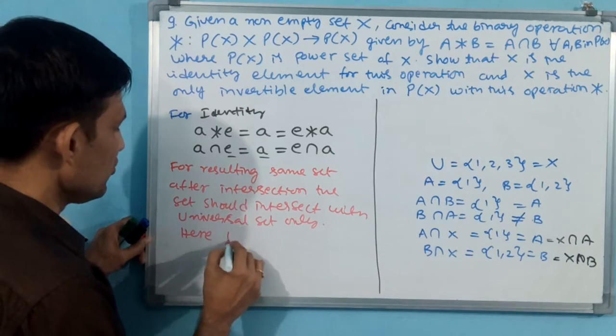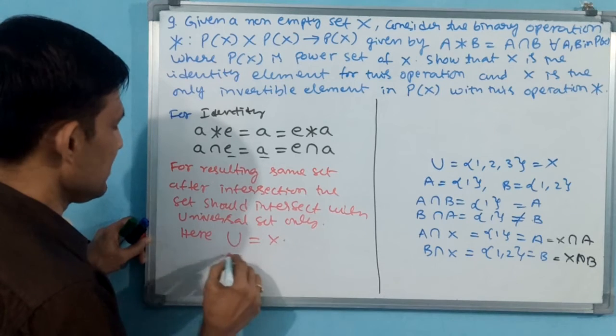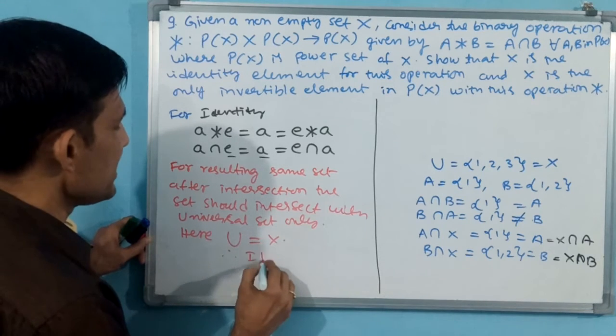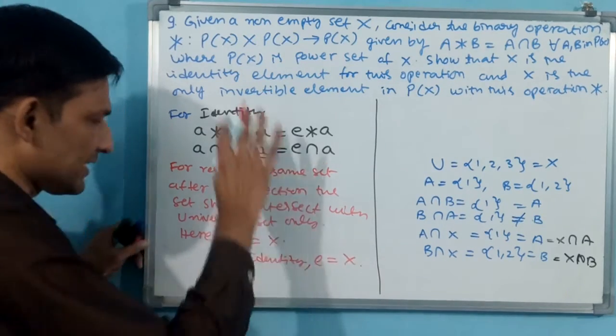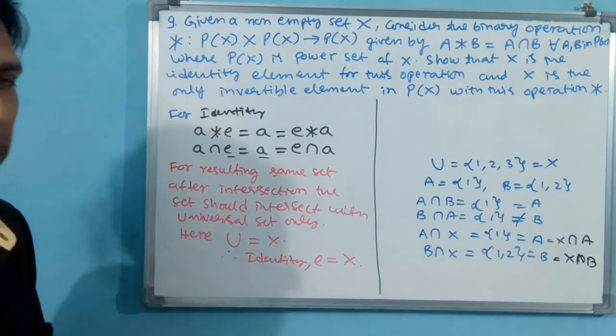Here universal set is equal to X. Therefore identity E is equal to X. Like that you write. 50% of your answer is over.